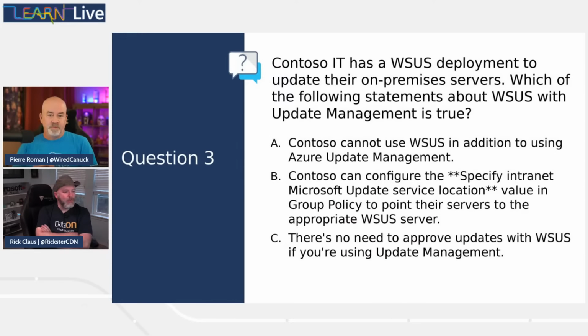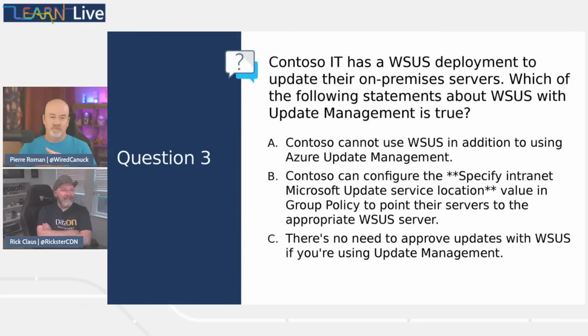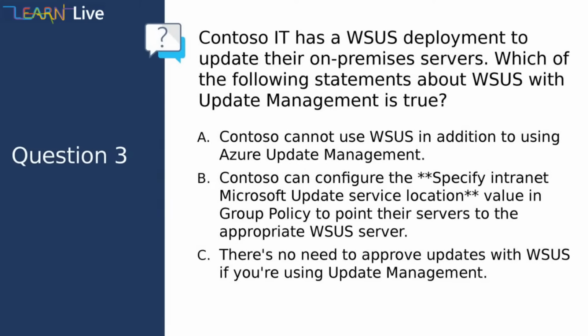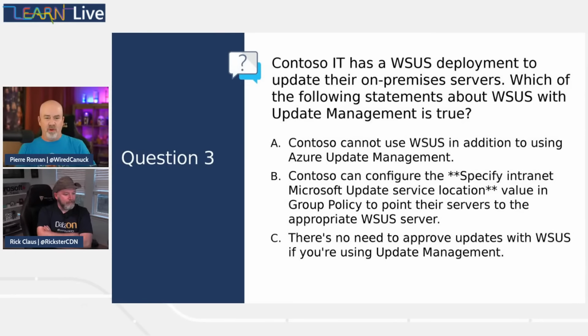Number 3 is the actual start of the knowledge check at the end. There are 3 questions inside this knowledge check. You want me to take this one, or you want to take it? I'll take that one. Okay. So Contoso IT has a WSUS deployment to update their on-prem servers. Which of the following statements about WSUS with update management is true?